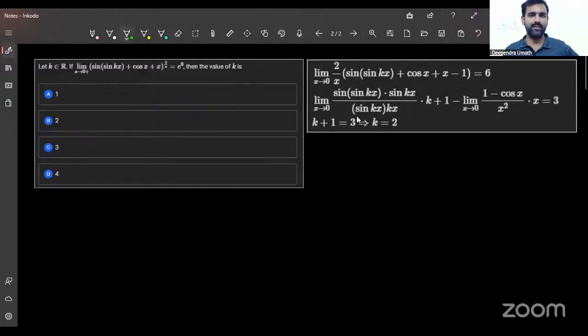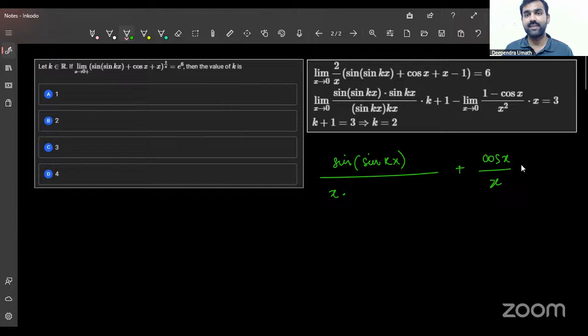That's more interesting. So what I'm doing is I'm passing this 2 by x inside. So first of all, sine kx upon x. That's your first part. So what you have is sine of kx divided by x, right? Along with that, what we have is cos x divided by x. Then I take these two together, cos x and minus 1.